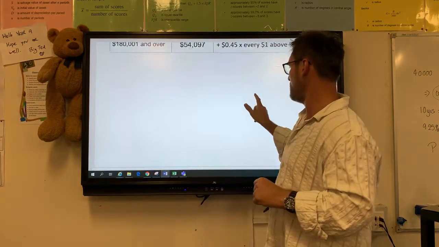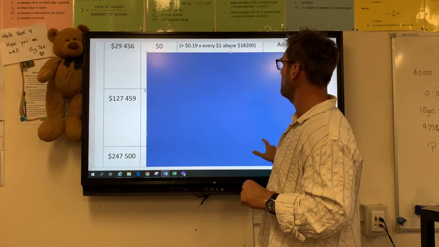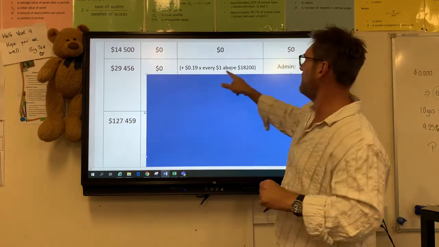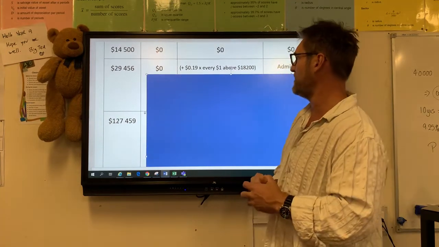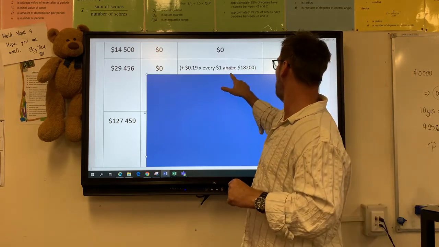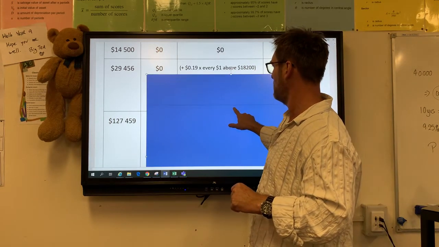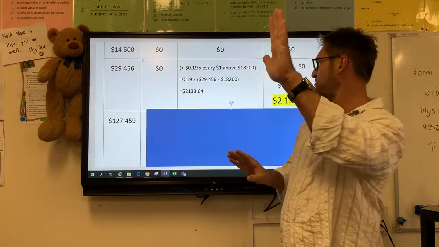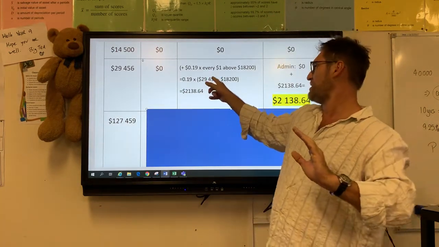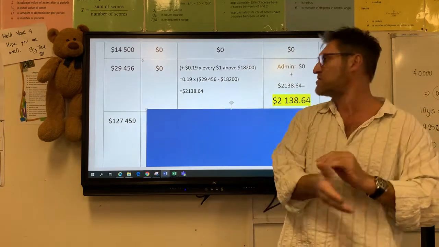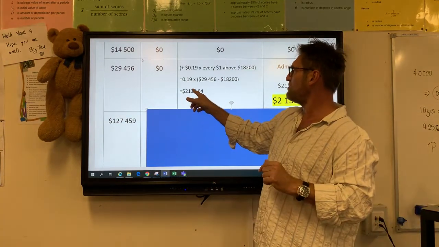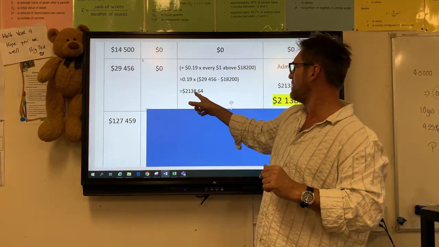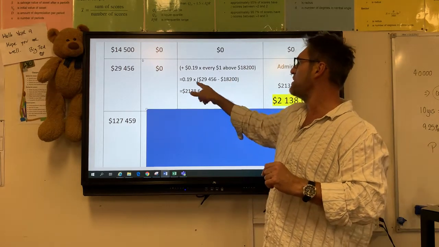Well, let's have a look here and see how we did it. All right, so there they are. They don't pay any admin fee, that's fine. But they did go above the limit. If we work that out, how much above do we? Here I was earning 29,000. The cutoff is at 18,200. So I went over by whatever this amount is, but times it by 19 cents.